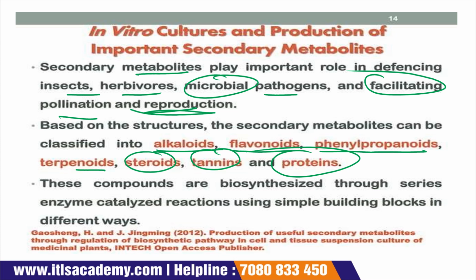This classification is based on the structure of the secondary metabolites. Either they are alkaloids, flavonoids, phenylpropanoids, terpenoids, steroids, tannins, or proteins. And they play an important role in eliminating insect herbivores and microbial pathogens, and facilitating pollination and reproduction.